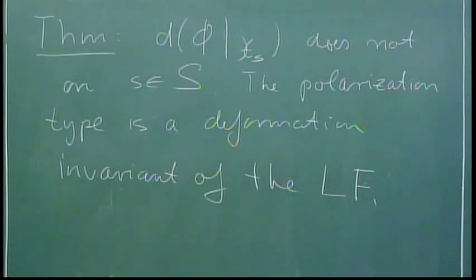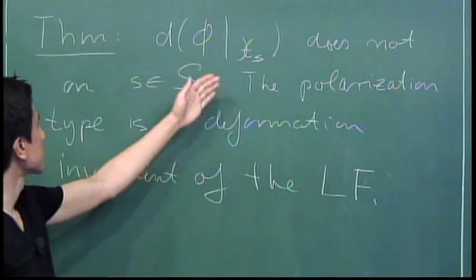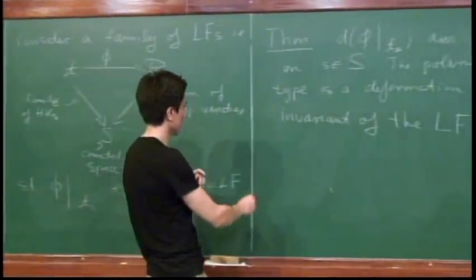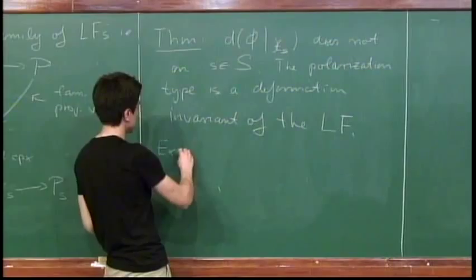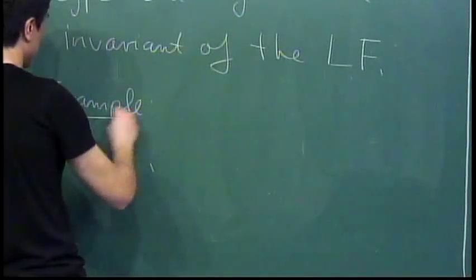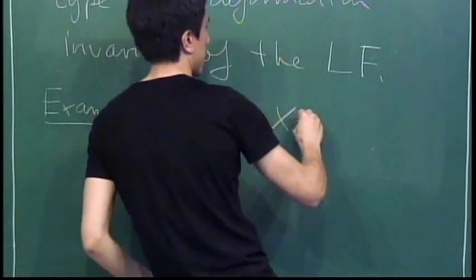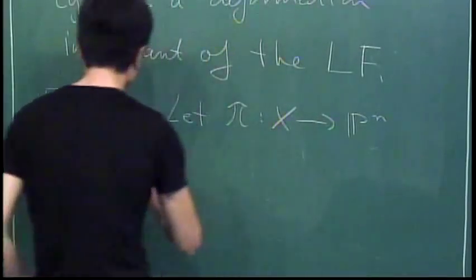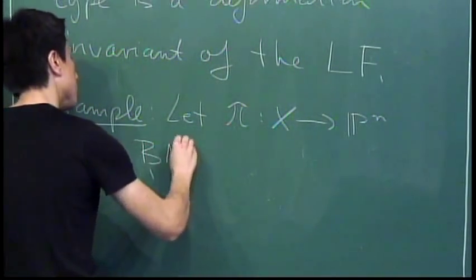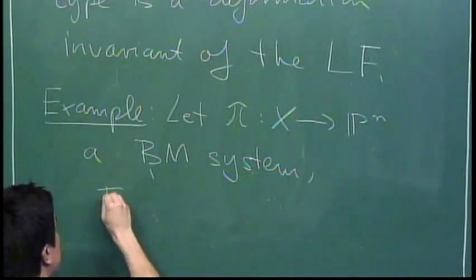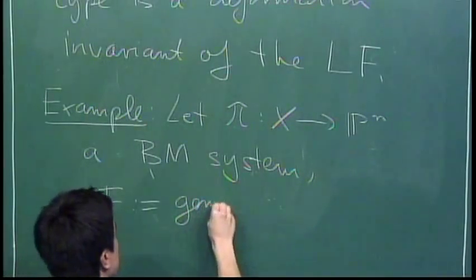And now the question is how the polarization type behaves if we restrict to some deformation classes of hyperkähler manifolds. So let me give you one example. I want pi from X to P^n, the Mukai system, and F should be just a generic fiber.